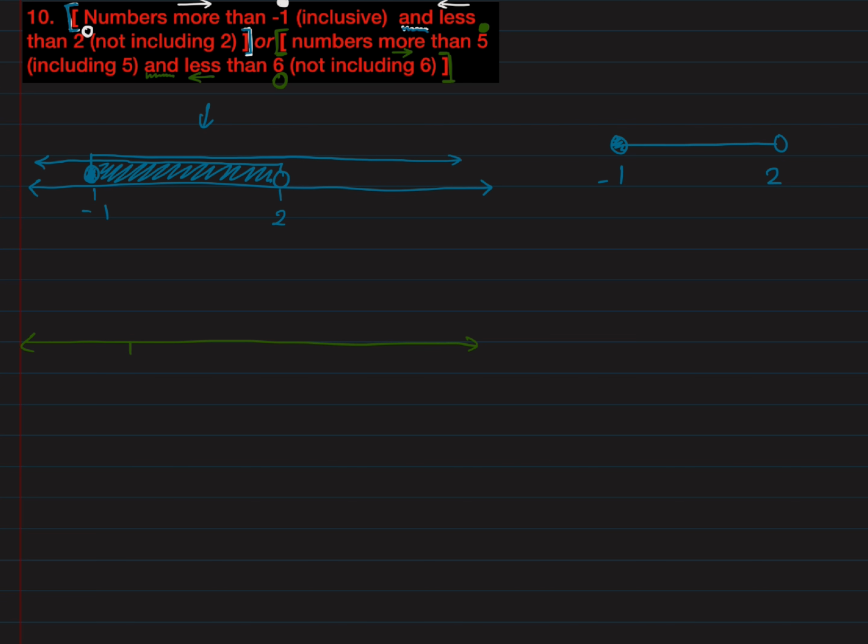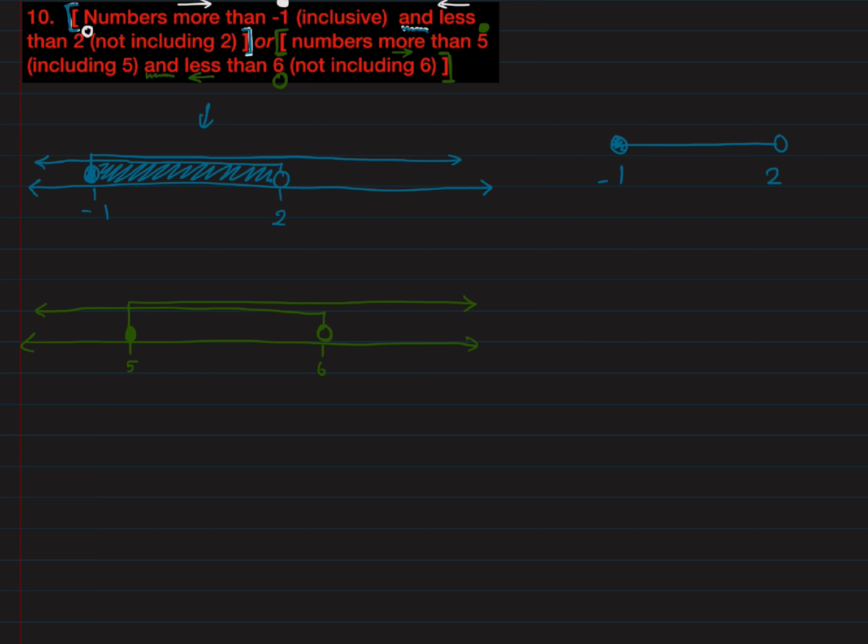So let's draw number 5 and 6. And over here it says numbers more than 5. Again, 5 is included. And we have 6 where 6 is not included. And numbers less than 6. So we're going in this direction.